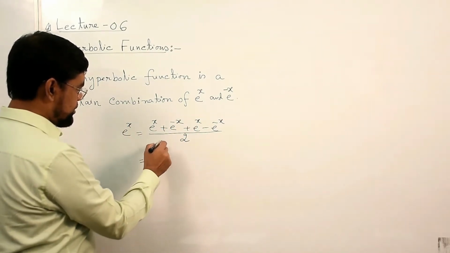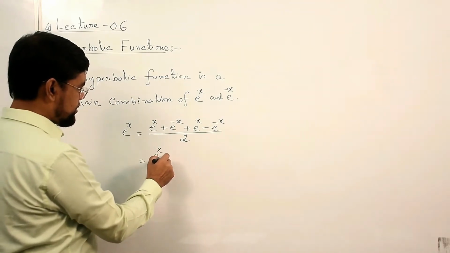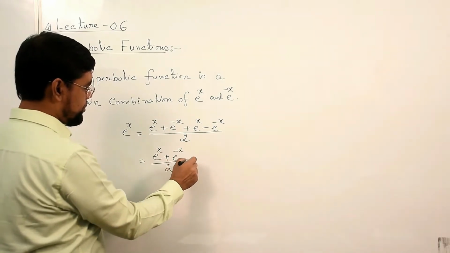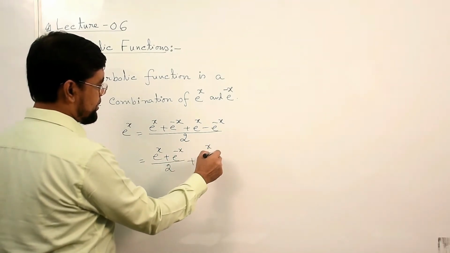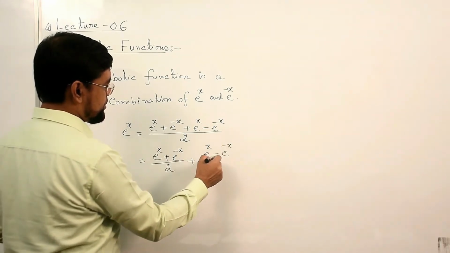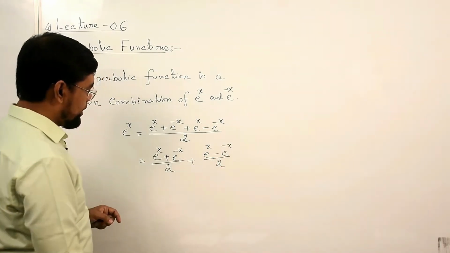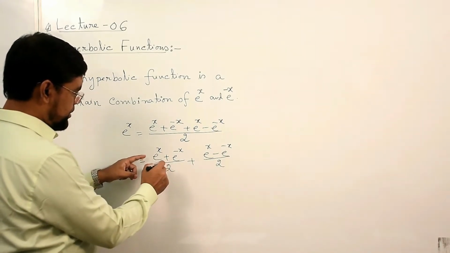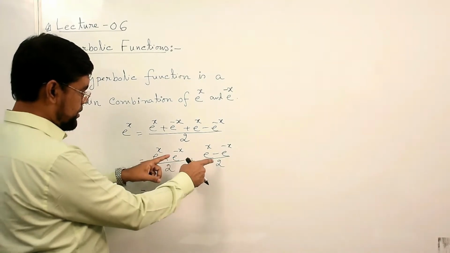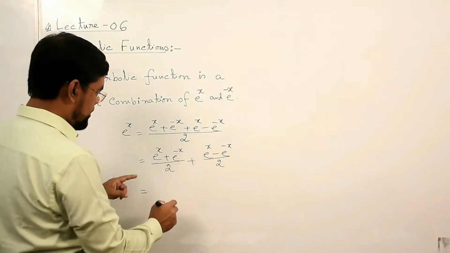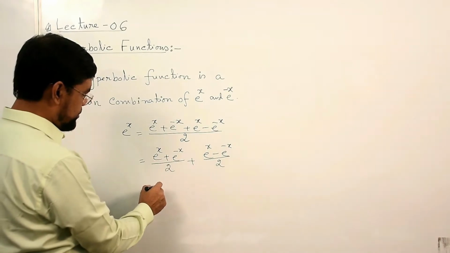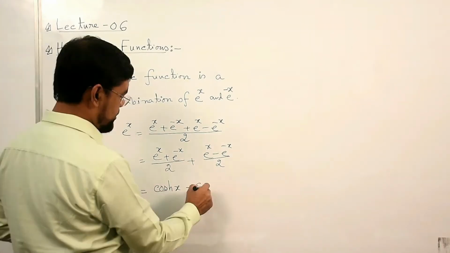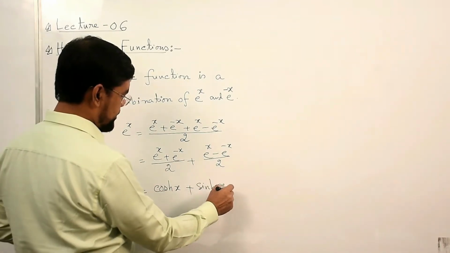Now we can separate it by writing e to the power x plus e to the power minus x divided by 2 plus e to the power x minus e to the power minus x divided by 2, and this one is an even function and this one is an odd function, and this one is known as hyperbolic cosine of x plus hyperbolic sine of x.